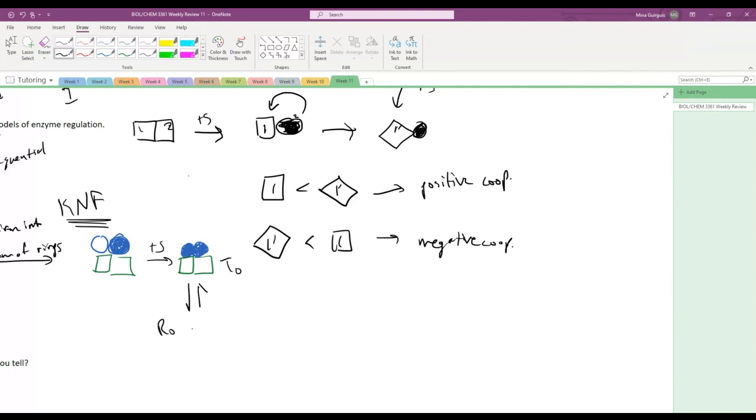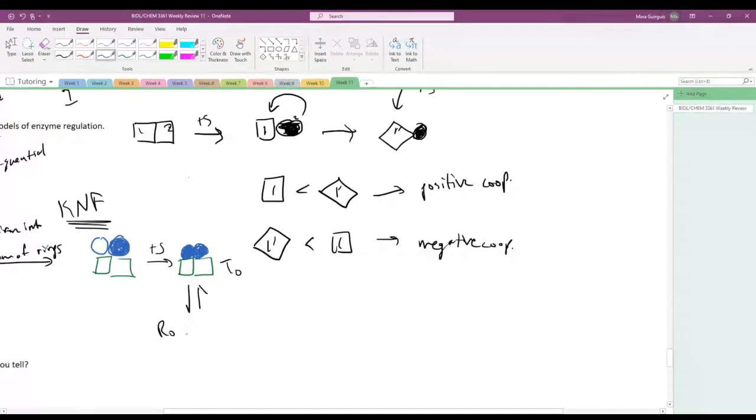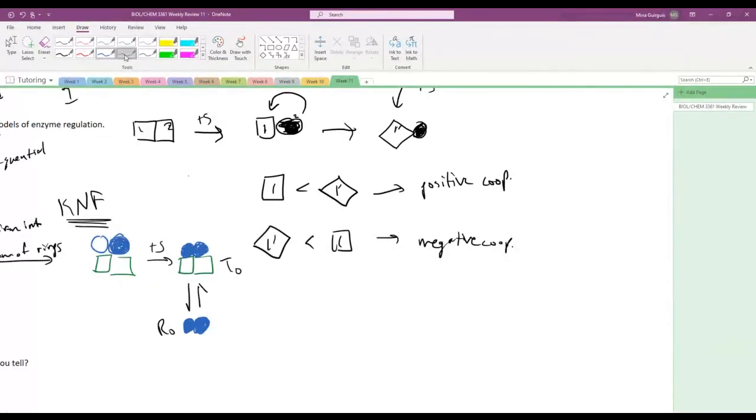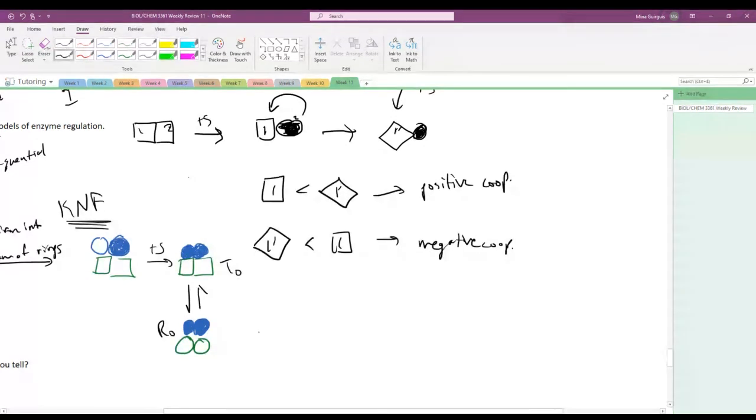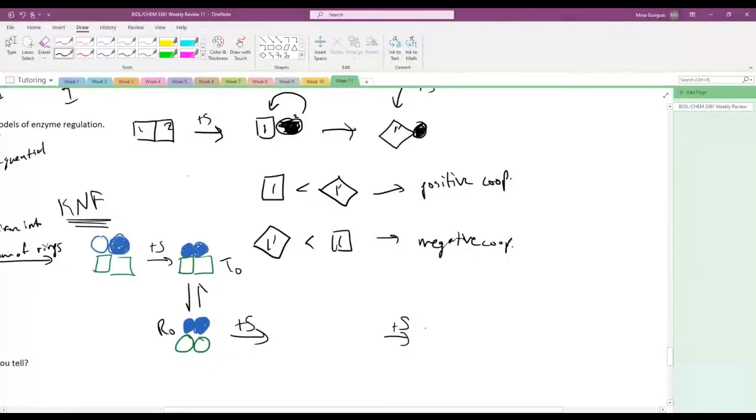And what that does is it opens the beta binding sites more effectively. So now your alpha subunits still have their oxygen. Nothing's changing with them, except, you know, my poor drawings make them look slightly different. Now your beta subunits are in a different form. Your beta subunits being in a different form means they're more easily able to bind, and you get plus two substrates.